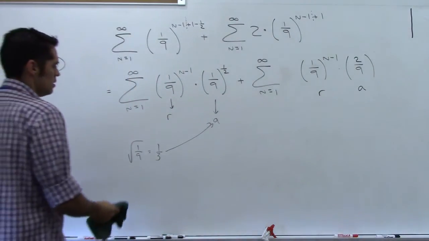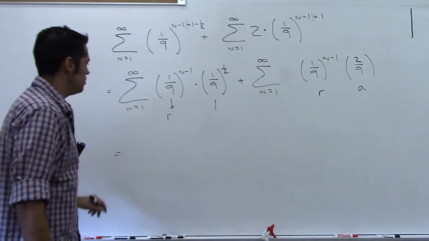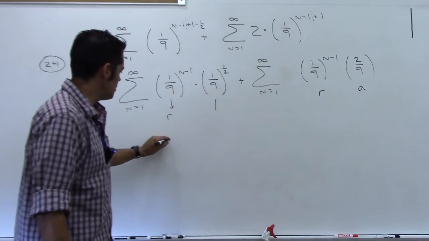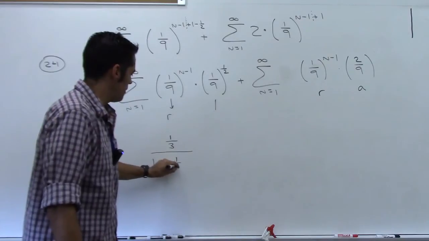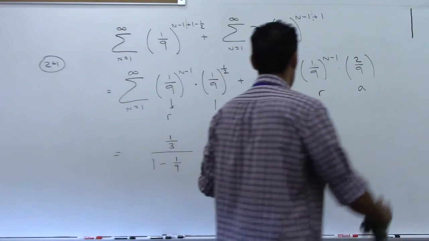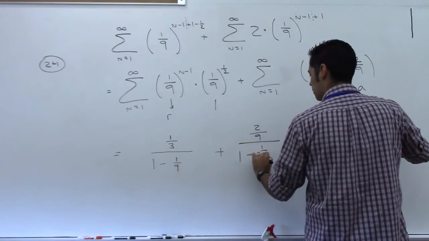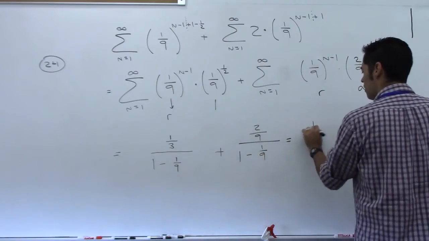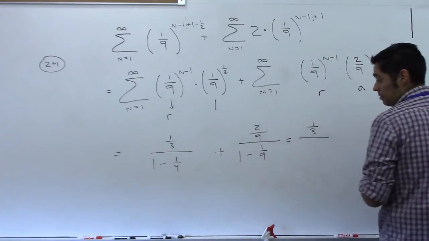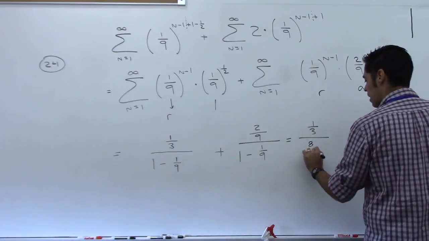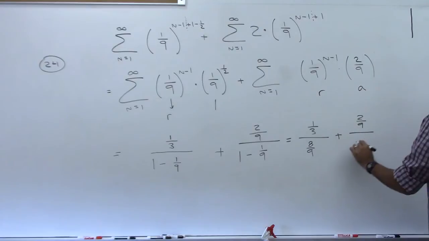So remembering, this will now be equal to a over 1 minus r. So it was 1/3 over 1 minus r, plus, over here, a is 2/9 over 1 minus r. So this equals 1/3 over, let's see here, 8/9, plus 2/9 over 8/9.